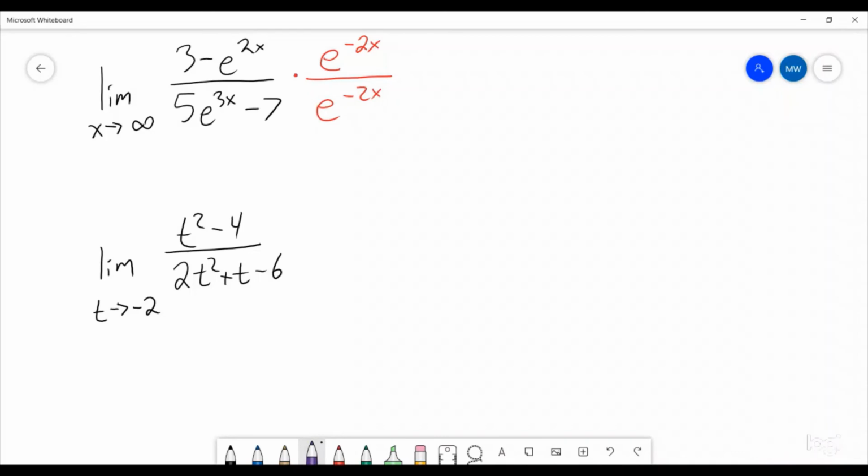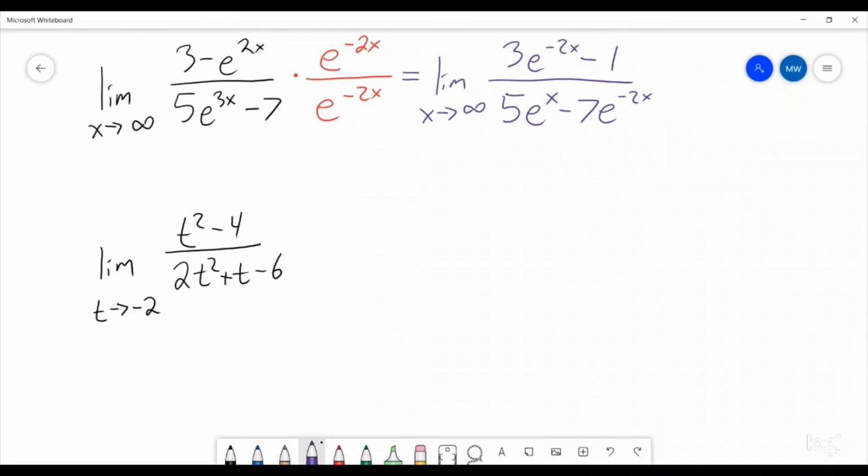This gives us the limit as x goes to infinity of (3e to the minus 2x minus 1) over (5e to the x minus 7e to the minus 2x). Now we can see what happens as this goes to infinity. The top term goes to 0, and the bottom term goes to 0. So this is just minus 1 over 5e to the x, which goes to minus 1 over infinity, which goes towards 0. So this first limit is equal to 0.